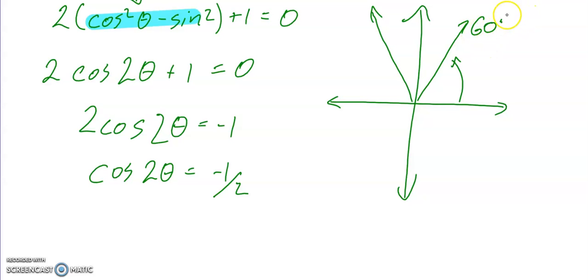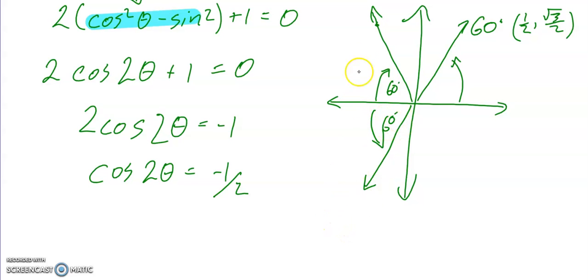So my reference angle is going to be 60 degrees, because that's where my cosine is 1/2 and my sine is radical 3/2. So a reference angle of 60 up this way, and I would also do a reference angle down here of 60 degrees more. So this is going to be 120 degrees, and this one is going to be 240 degrees.